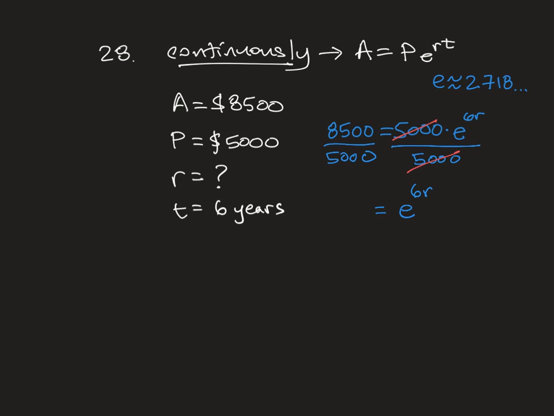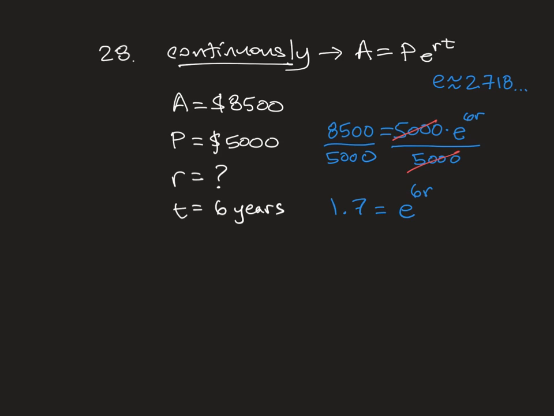So according to the magic of technology, 8,500 divided by 5,000 is 1.7. All right. So it's really hard to solve for an unknown when it's in the exponent, and that's where logarithms come in handy. So I'm going to rewrite this in logarithmic form.